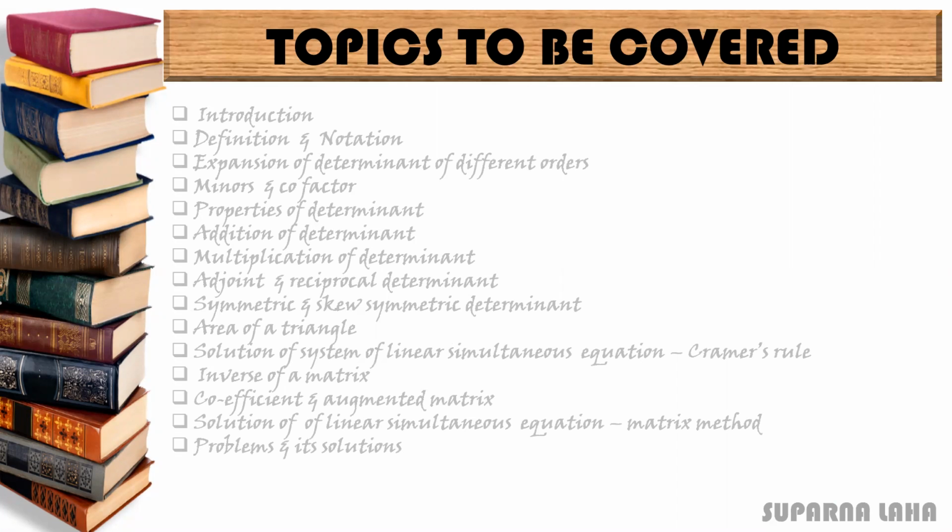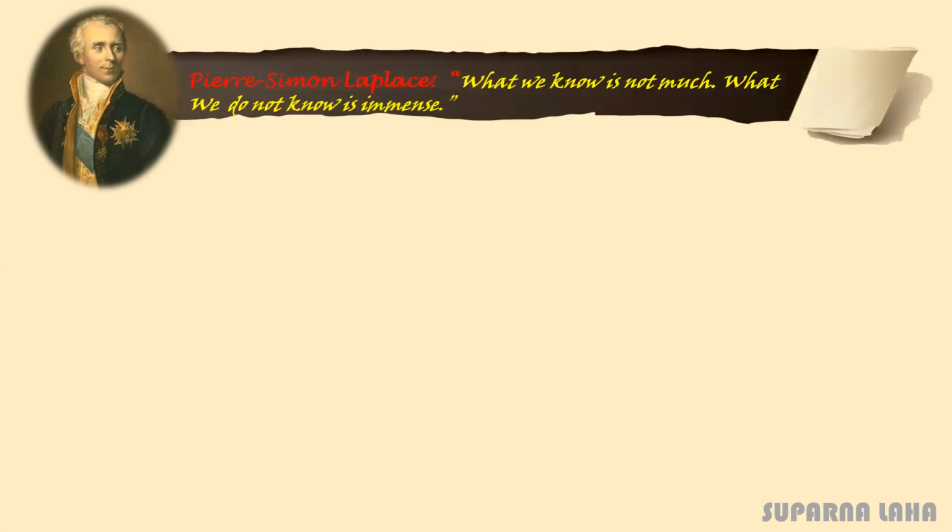So let's start with the definition, notation and expansion of determinants of different orders. Why do we need this topic, and where do we use it in our daily life? There are so many uses.